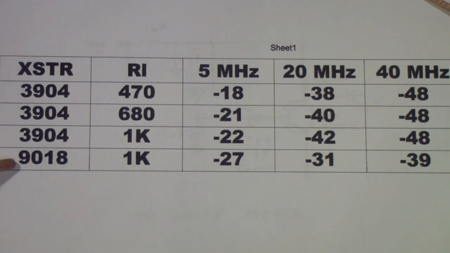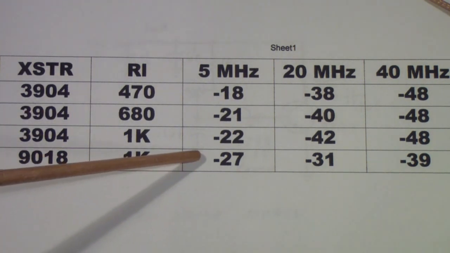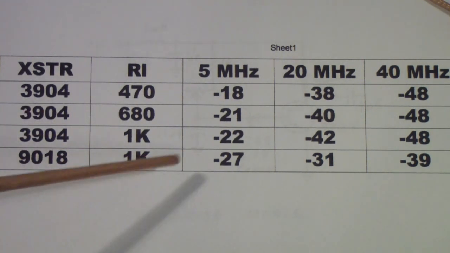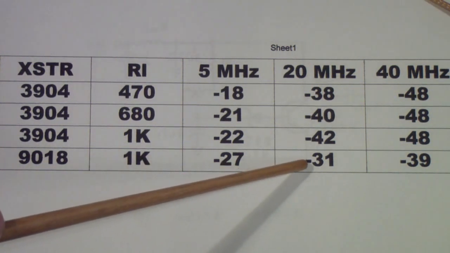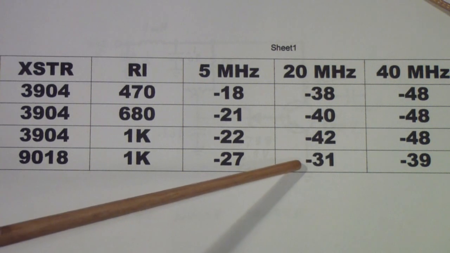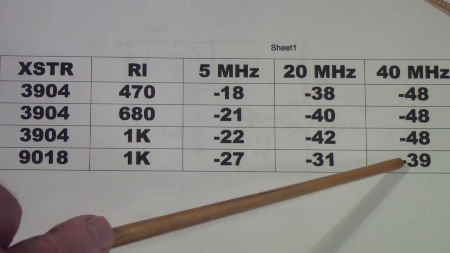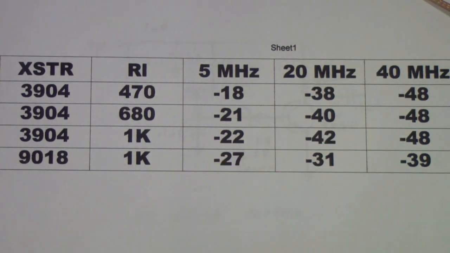But it's very clear that the way to go here is with the 9018, because notice that with a 1K load resistor, we start out at minus 27, but we only go down to minus 31 at 20, and only minus 39 at 40 megahertz.